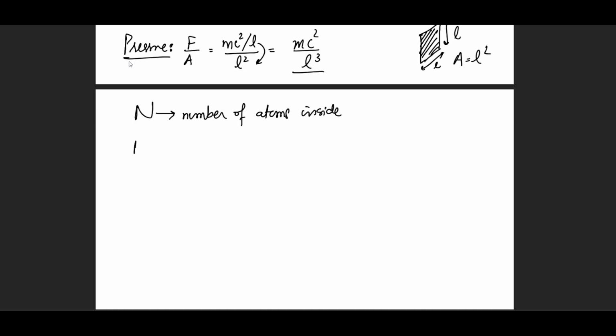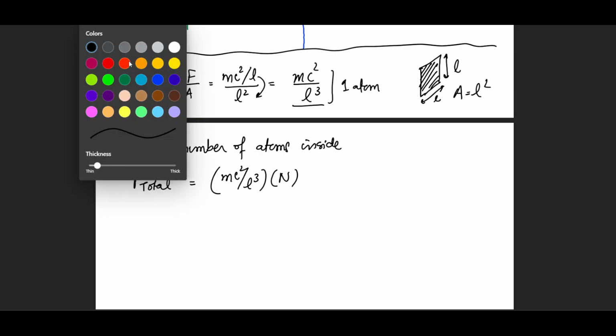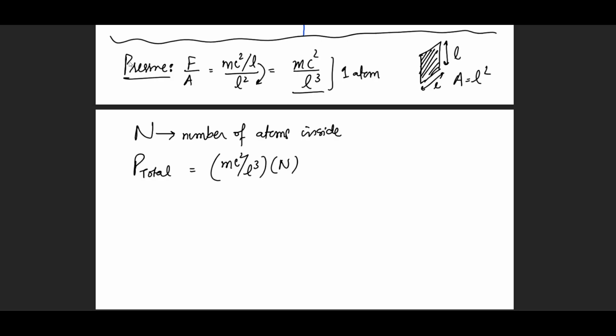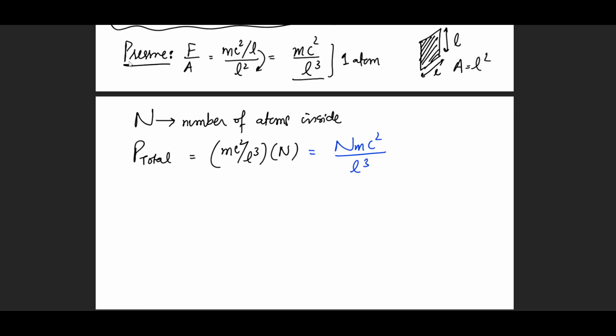So the total pressure would simply be mc squared divided by L cubed multiplied by this number n, because this was being generated by one atom. If it had 1,000, 2,000, 1 million, or 2 million atoms, then those would have to be multiplied by this. So we come down to the formula nmc squared divided by L cubed, right?